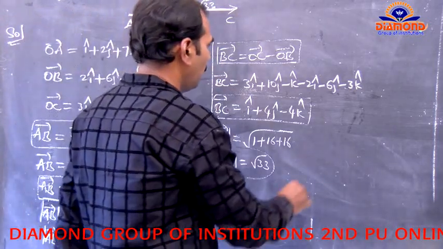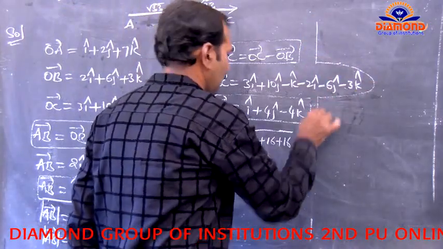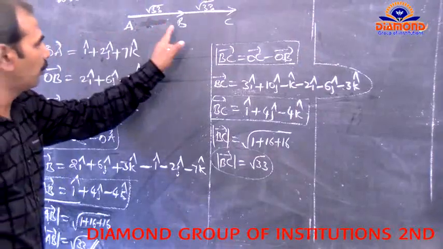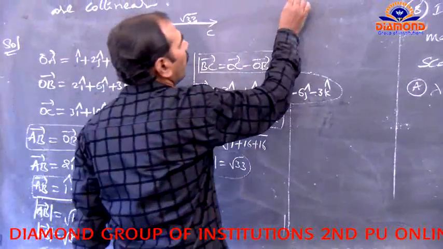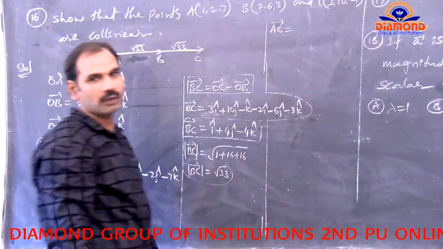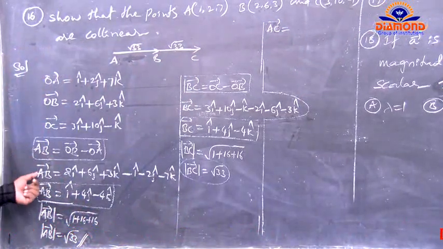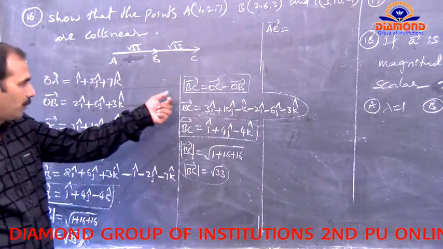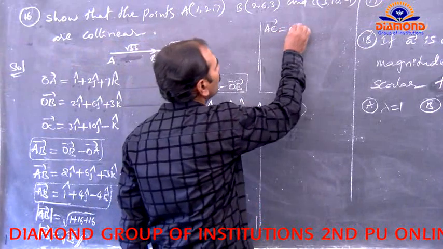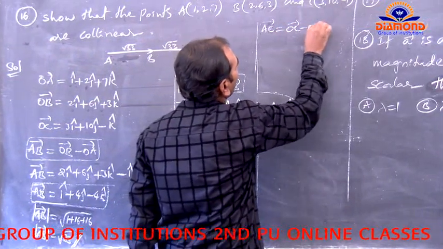So next value. AB, BC. The next is AC. What about AC? First of all, you have to calculate AB bar magnitude and BC bar magnitude. Next AC bar equal to OC bar minus OA bar.